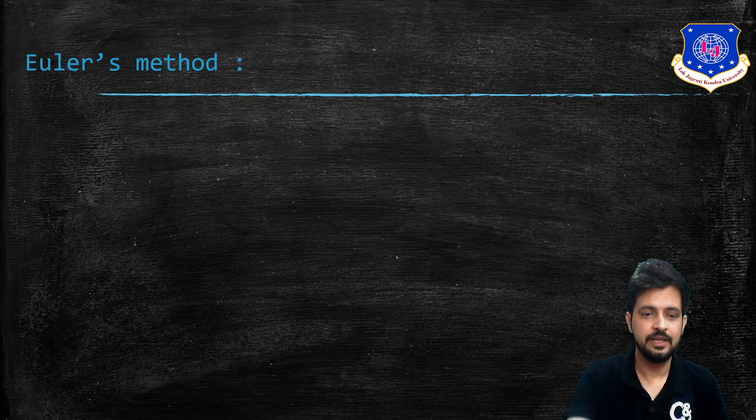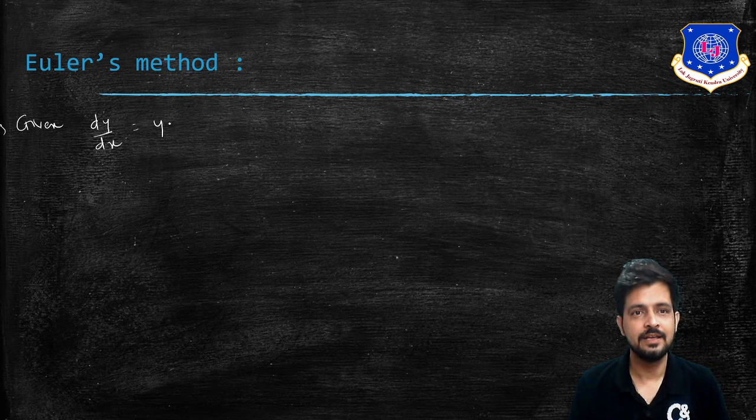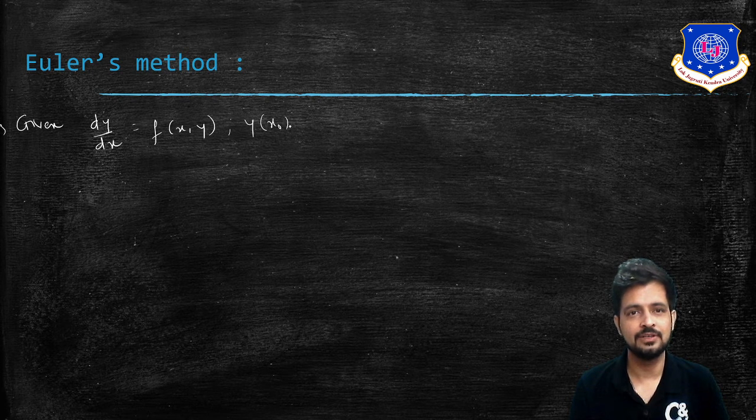In Euler's method also, first of all, like other methods, it is given that dy by dx is equal to a function of x comma y, and this is also an IVP, so y of x0 is equal to y0 will be given.